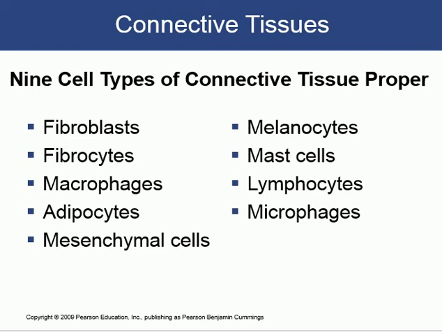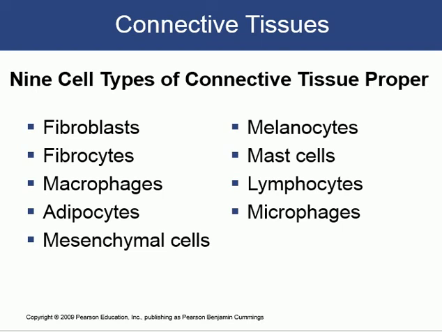Adipocytes, these are the fat cells. Mesenchymal cells, also known as stem cells, also known as the basal cells. Three names: mesenchymal, stem, basal. This is to reproduce and compensate or replace the injured or the dead cells.